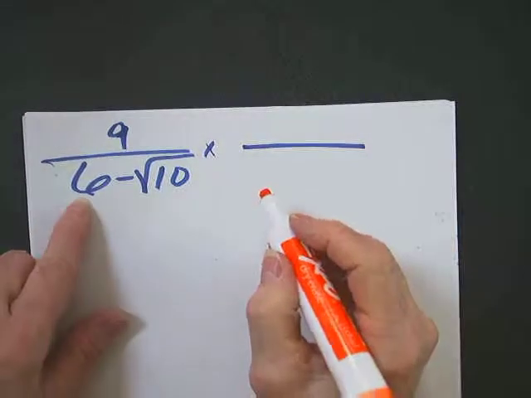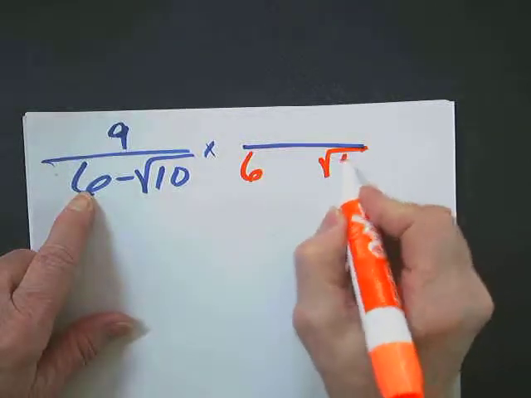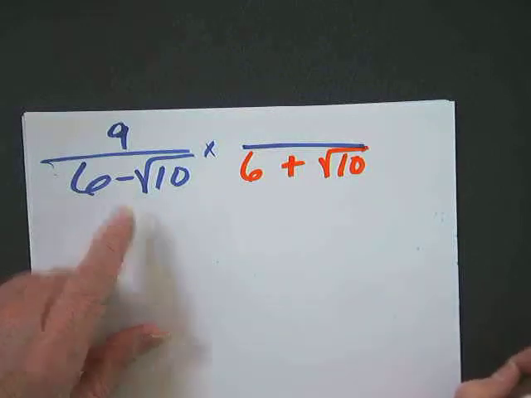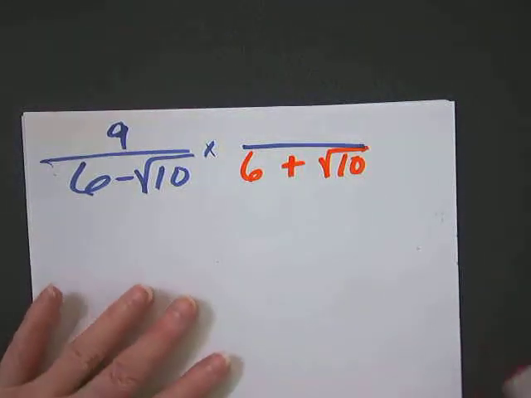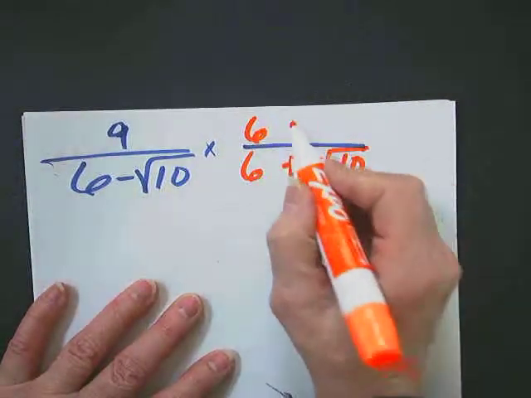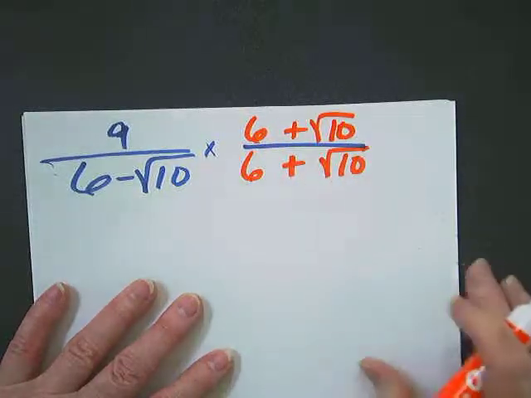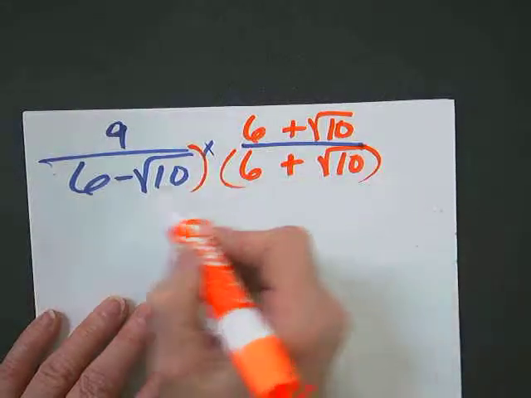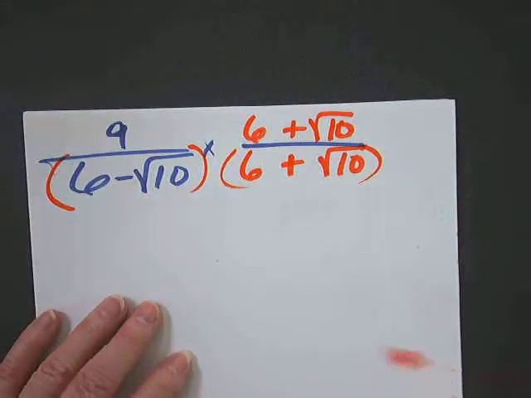Remember, these are difference of squares. So if you were given this and you multiplied it by this, you don't have any more square roots, right? So if it had a plus, stick a minus and leave those exactly the same. If it had a minus, stick a plus there, leave those exactly the same.